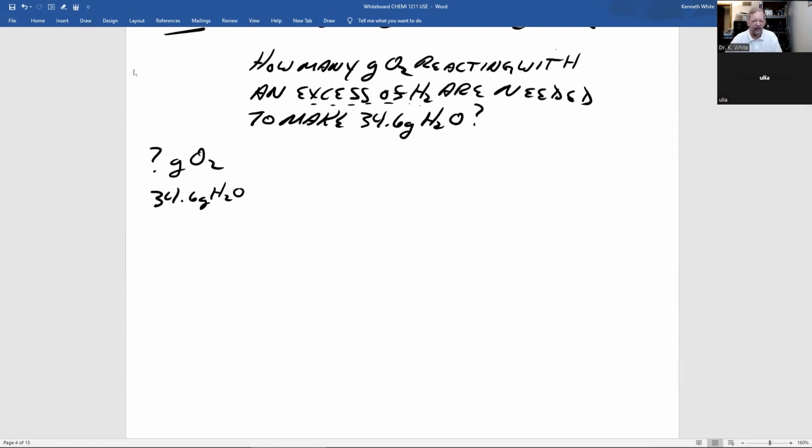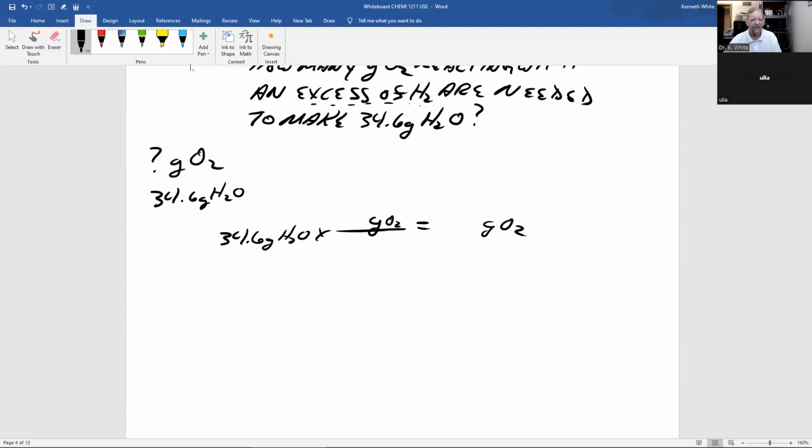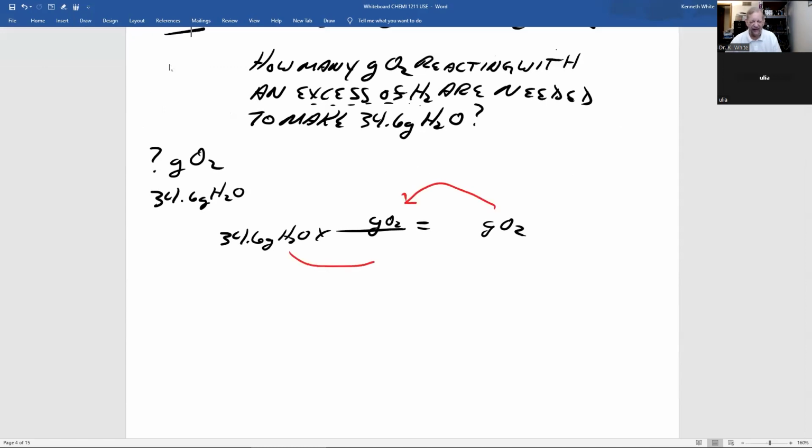Well, I'm going to use my knowledge of unit analysis to set up this relationship. What I'm trying to get to goes on top. What I'm trying to get rid of goes underneath.